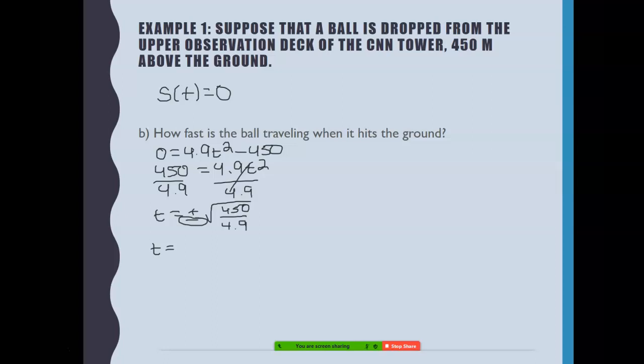So the time at which the ball hits the ground is 9.583 seconds.